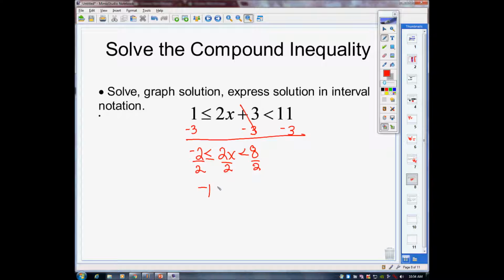This one's kind of funky because it has an equal to on this one, and we've seen something like that before for graphing. One's an open circle, one's a closed circle, one's a bracket, one's a parenthesis. It's pretty straightforward. Negative 1, 4, closed circle, open circle, bracket, negative 1 comma 4 parenthesis.